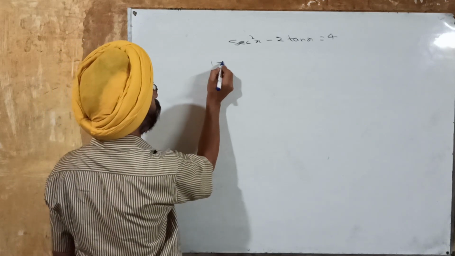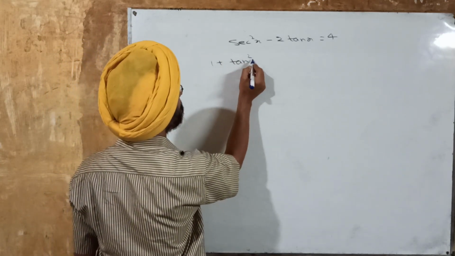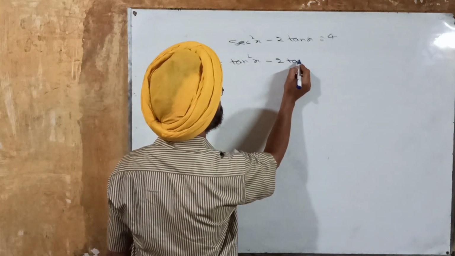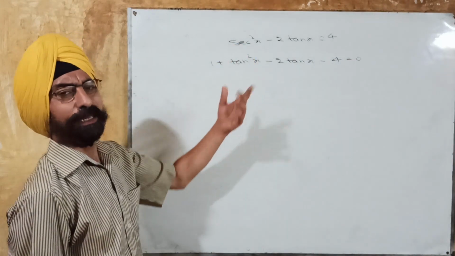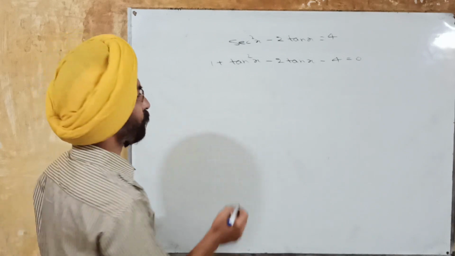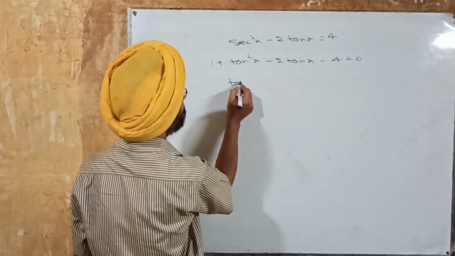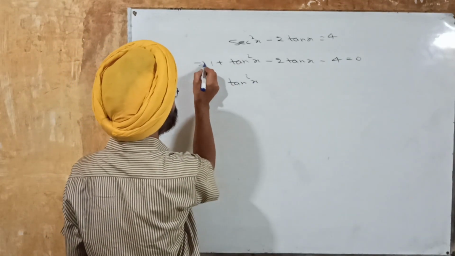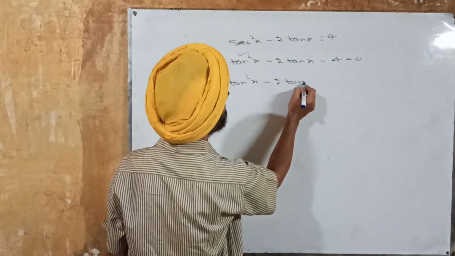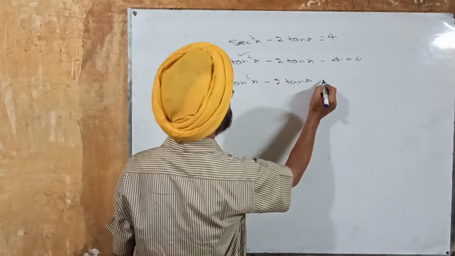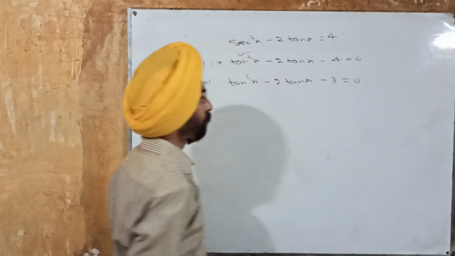So you will get 1 plus tan square x minus 2 tan x minus 4 is equal to 0. And now it can be written as a quadratic equation of tan x. So you will get tan square x minus 2 tan x, and minus 4 plus 1 will become minus 3 is equal to 0.